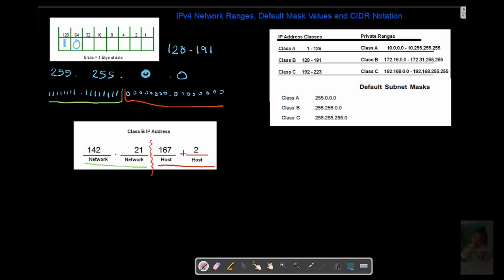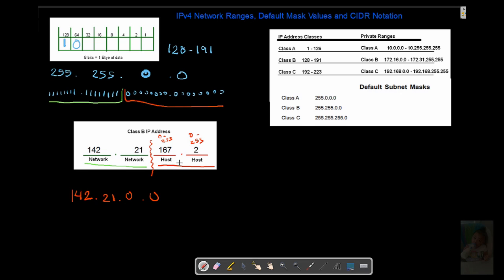So in other words, our network address, remember we need to find our net ID, 142.21.0.0. That is the first possible network that could exist. These can be anything from 0 through 255 and 0 through 255.